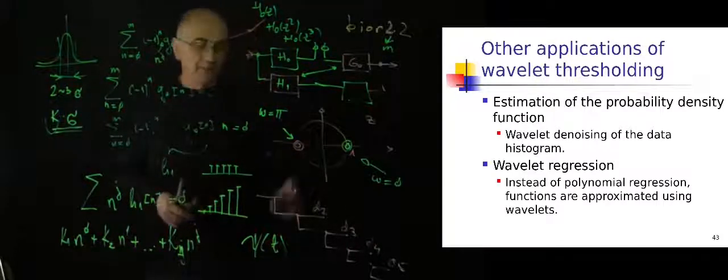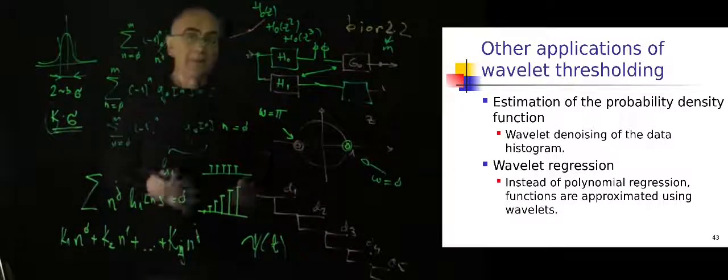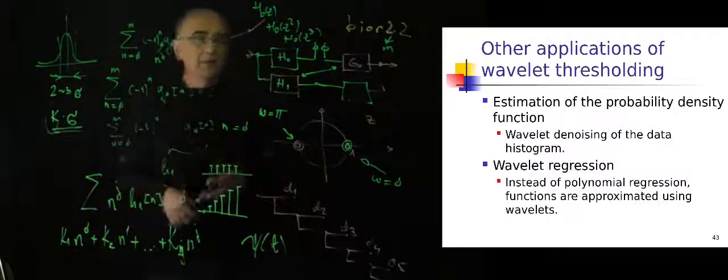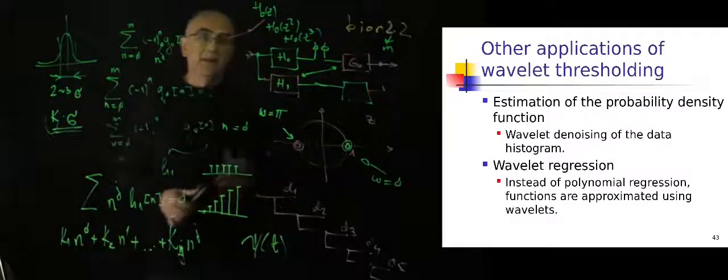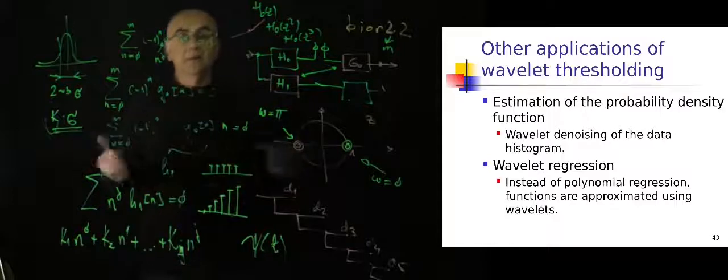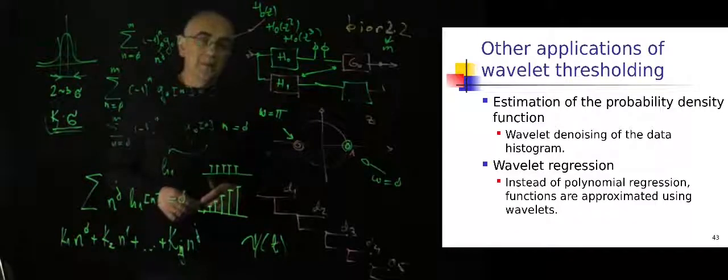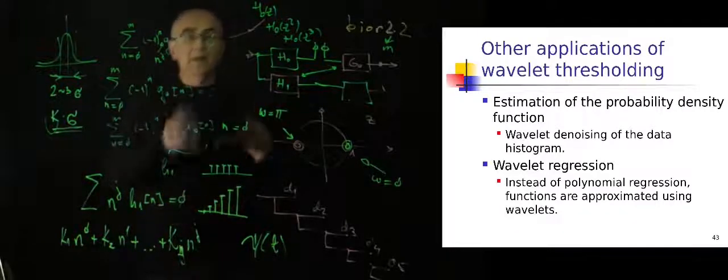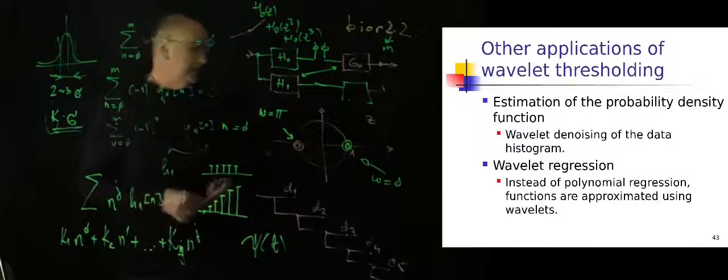So by itself you have a lot of zeros and only a few coefficients, and if you can code them efficiently, if you spend your bits in a proper way, then the compression ratios can be significantly better than using some other methods. That's why it's used in digital cinema, the JPEG 2000 standard and some other compression standards.